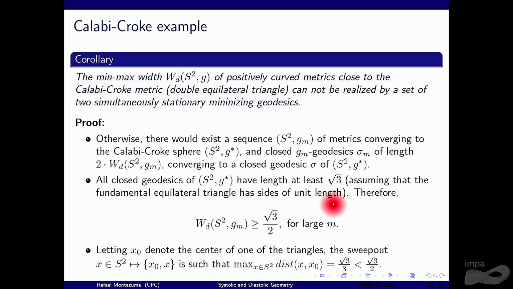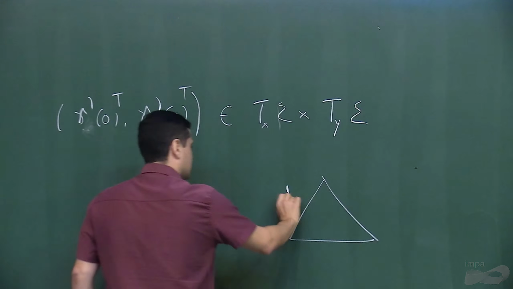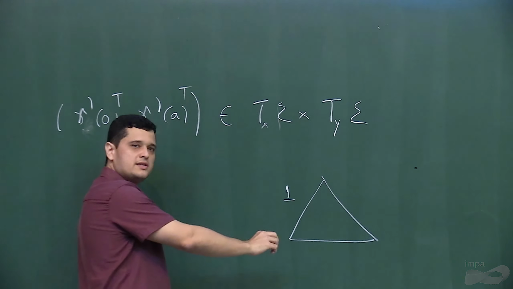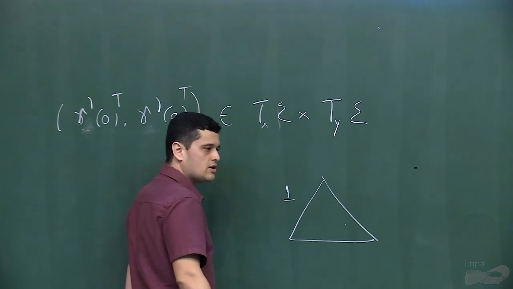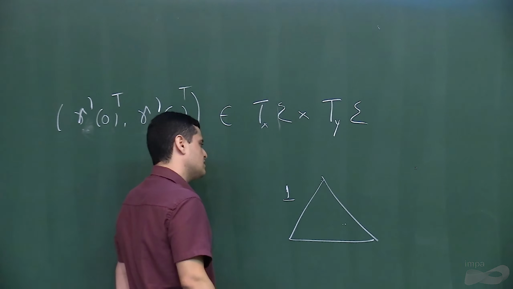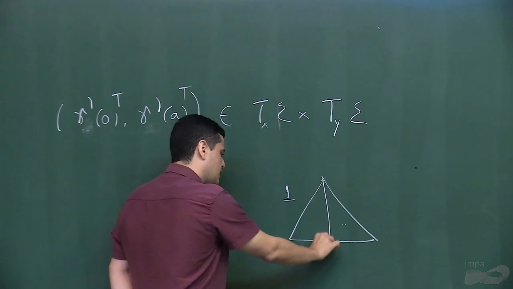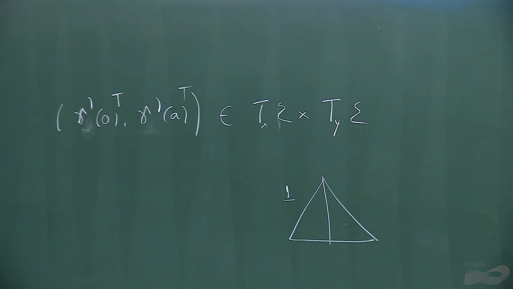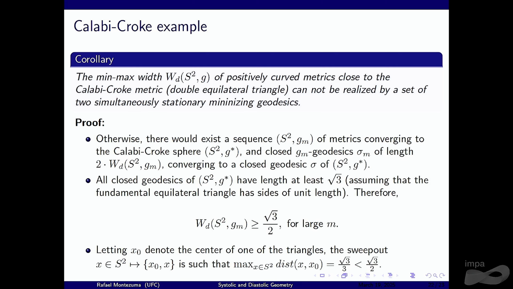And we know that in the Calabi-Croke sphere, if you take the side length of the triangle to be 1, through any point there are exactly 3 closed geodesics passing, and otherwise the point is just the vertices. The length is 2 times the height of this triangle, so that's square root of 3. Then the width would be at least this number, because it's half of the length.